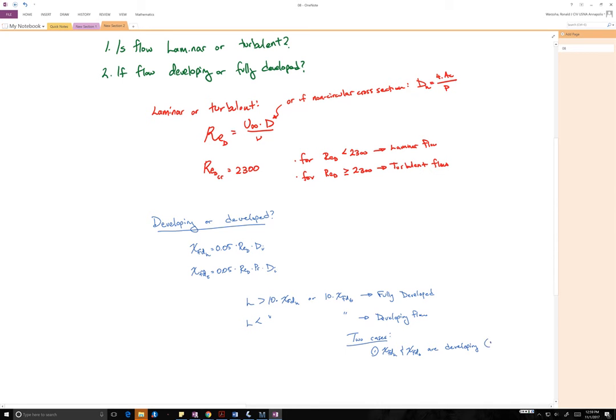We call that a combined entry length problem. And 2, you have the case where your thermal boundary layers have not converged until fairly far downstream, but your velocity boundary layers converge rather quickly. And so this is called a thermal entry length problem.